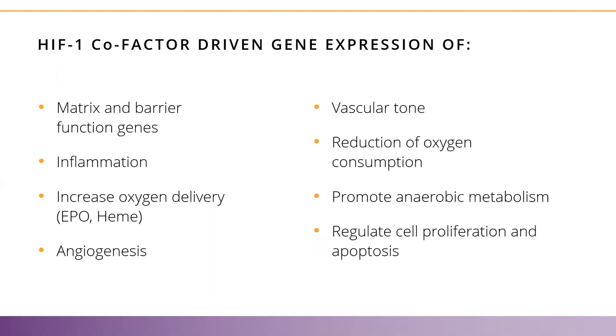Of course, the cell is trying to get more oxygen, so there is an increase in oxygen delivery gene expression like EPO and heme, in angiogenesis, vascular tone, trying to become more efficient, so reducing oxygen consumption, promoting anaerobic metabolism, and regulating cell proliferation and apoptosis.